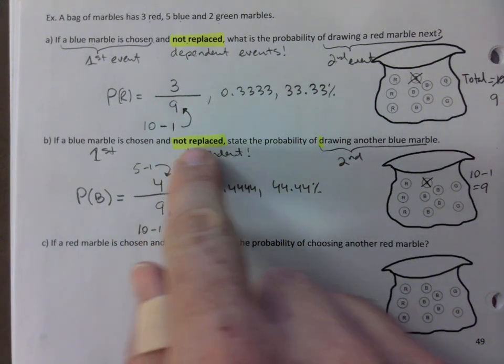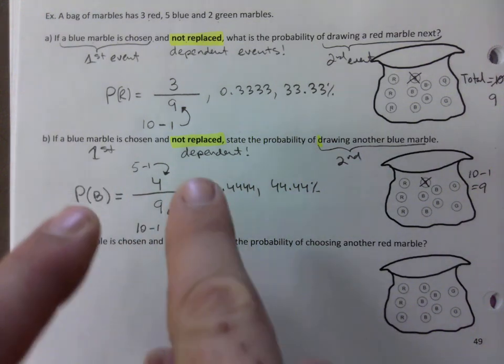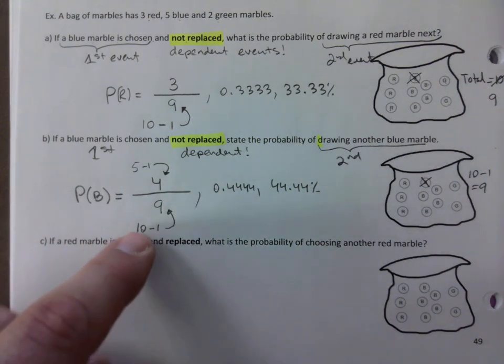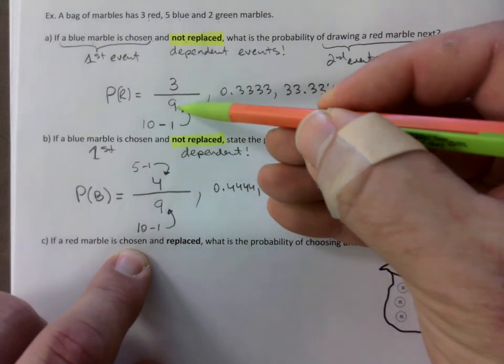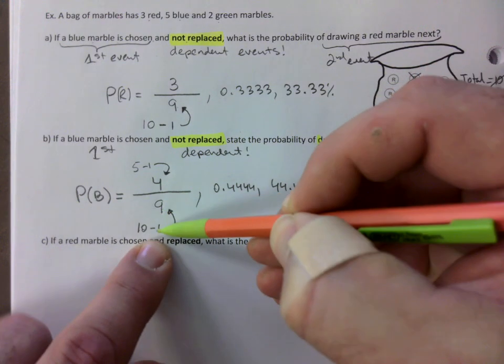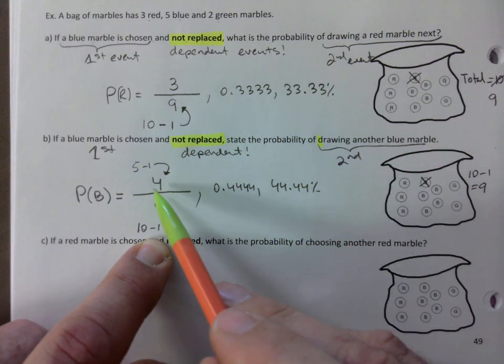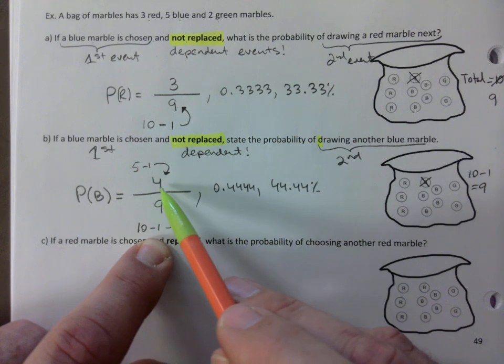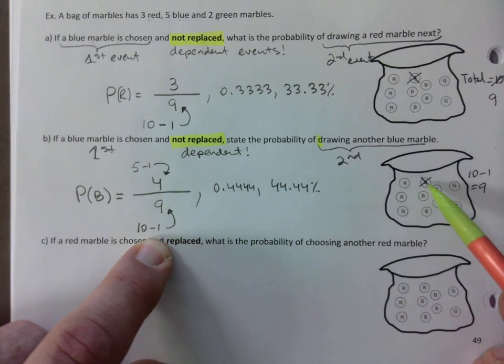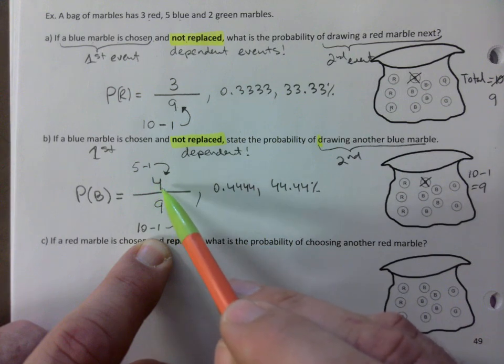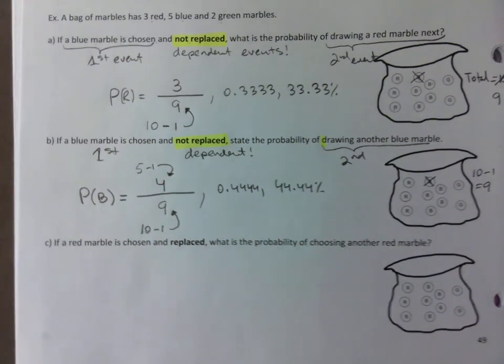If it says no replacement, you need to watch out for this, right? The total drops. For both of them, the denominator dropped by 1 because 1 was drawn already. And the numerator was affected in this case because the blue was drawn one more time. So the 5 turns into 4. Okay. Next.